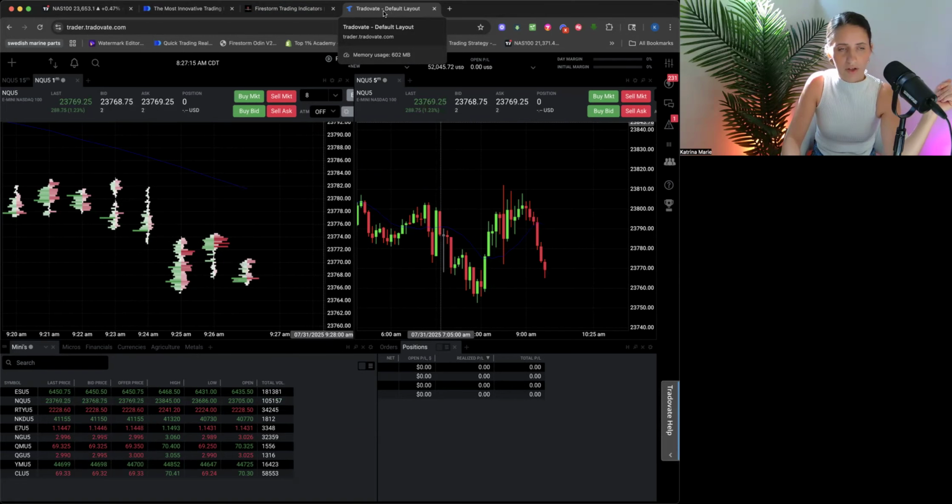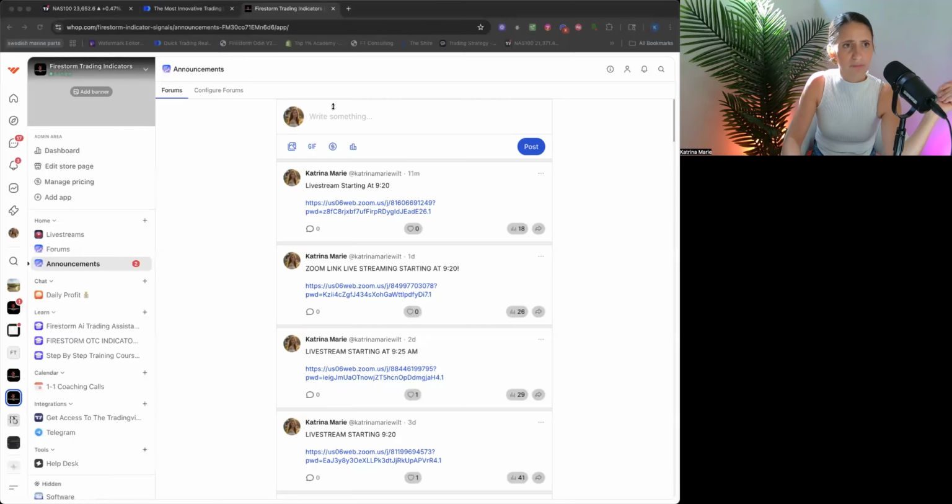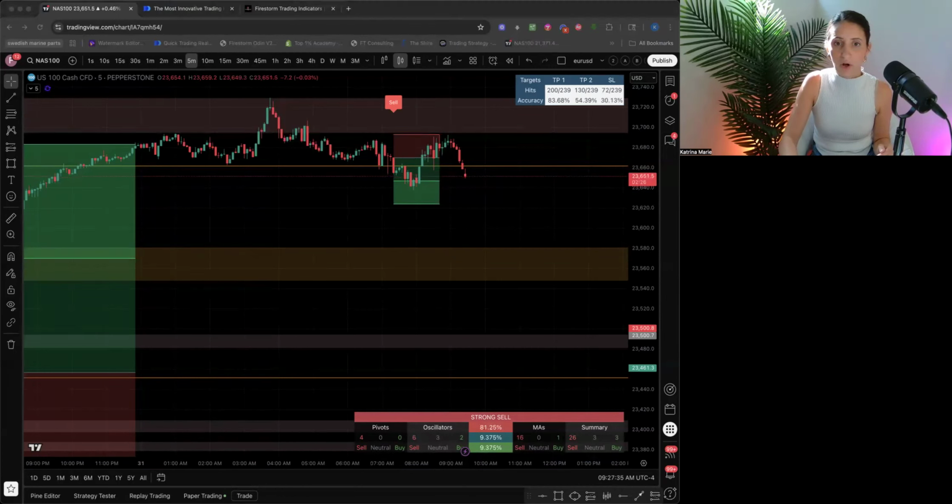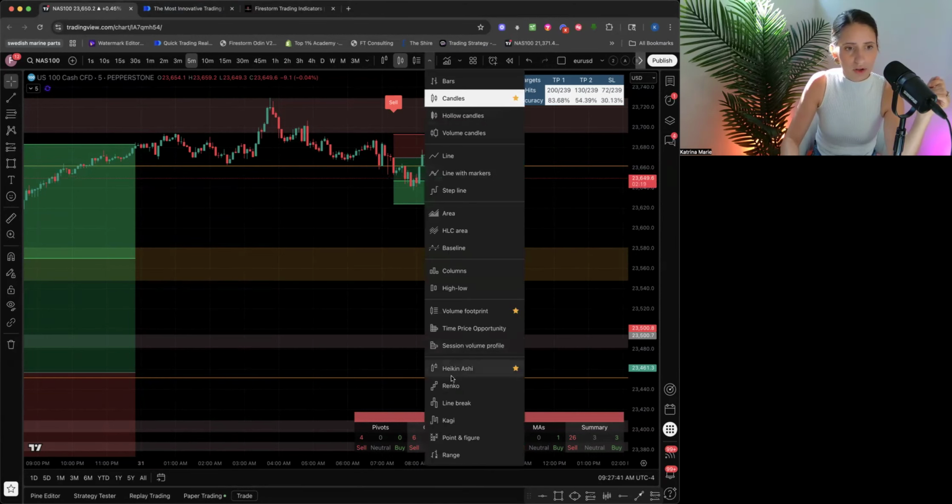You can't use volume candles on your prop? What do you mean? Why can't you use them? They shouldn't have control over that. TradingView has an order flow footprint, but right now my TradingView account's all messed up.